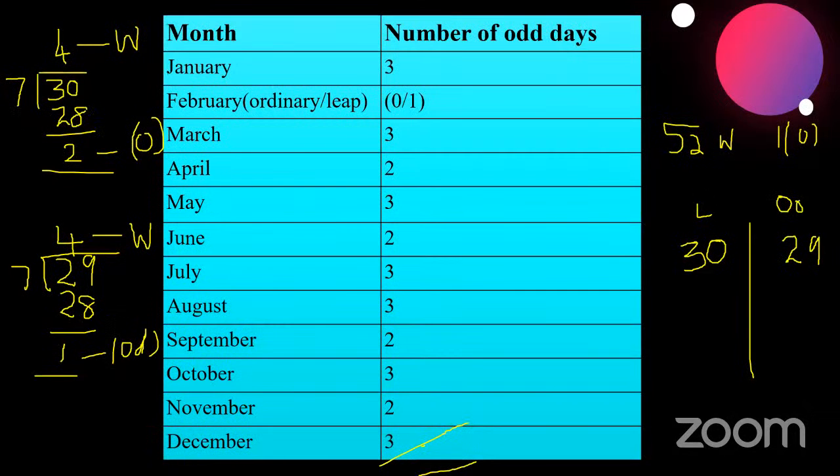What is 7 into 4? 28, ma'am. 7 into 4 is 28. You know this calculation? Take it down first. Put it in your copy, take it down first. Okay, ma'am.